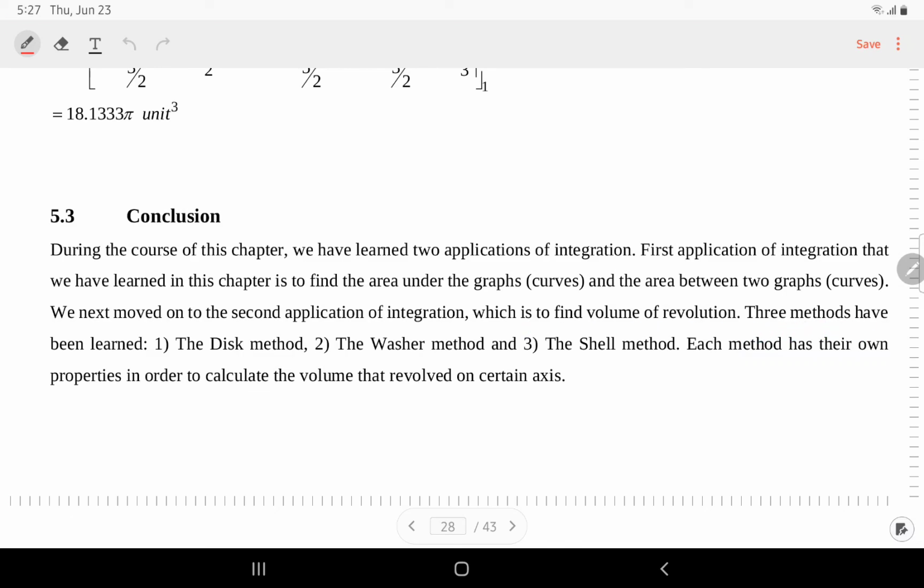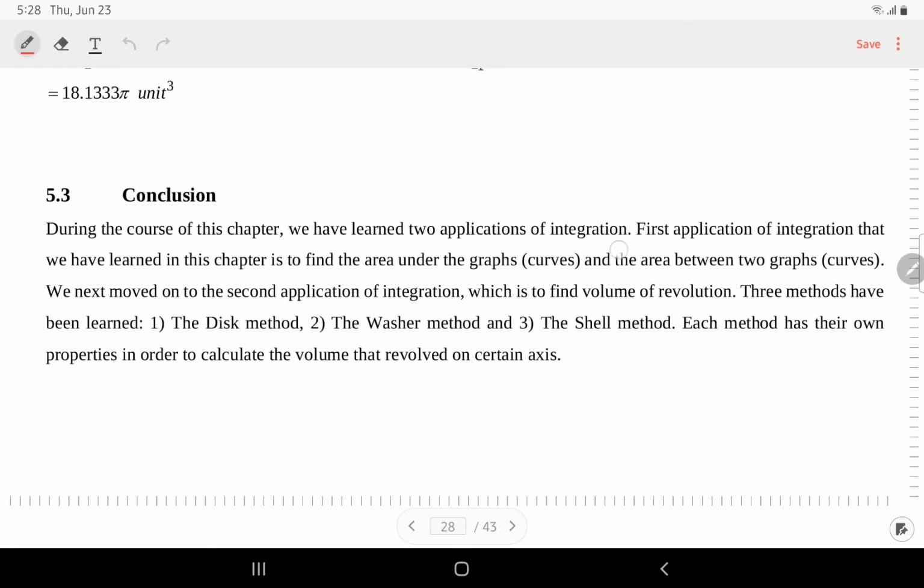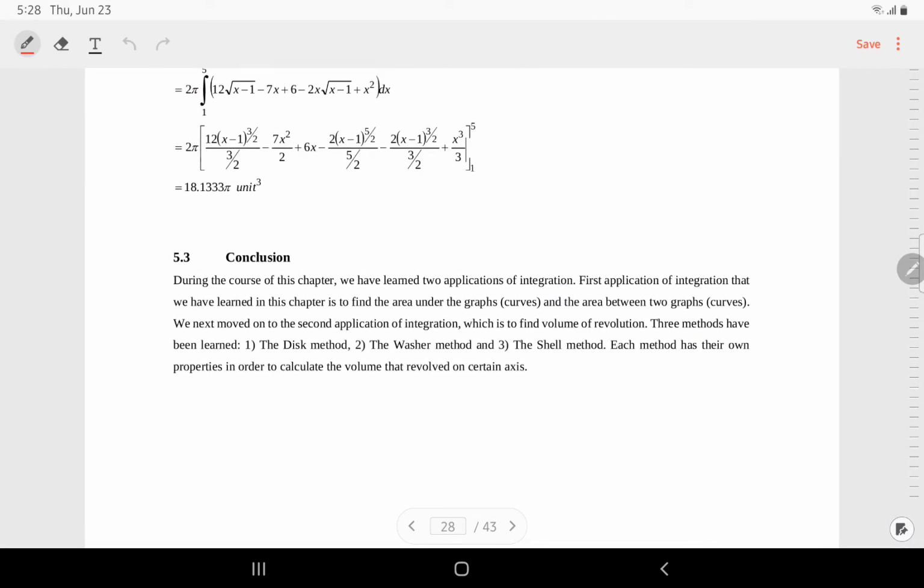Okay, 3 methods have been learned. First, disk method, washers method, and shells method. Okay, each method has their own properties and their own formulas in order to calculate the volume that revolve on certain axes. Okay, so that's all our syllabus for this week.